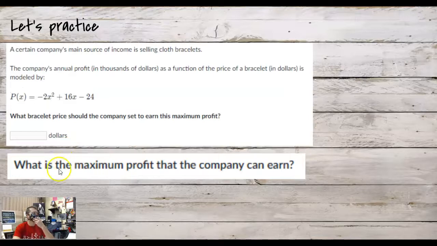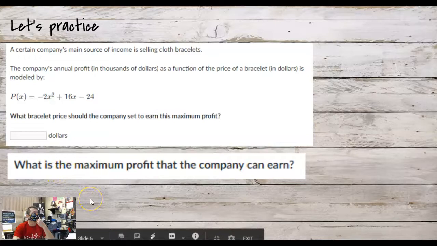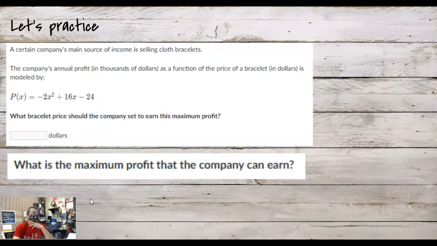These are fun models. Yeah, let's answer this question. The price that they charge for the bracelet is the input. The output is the profit they make.